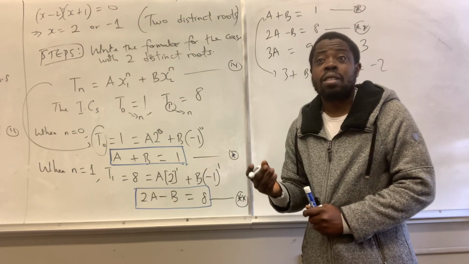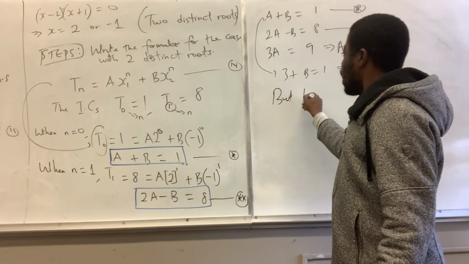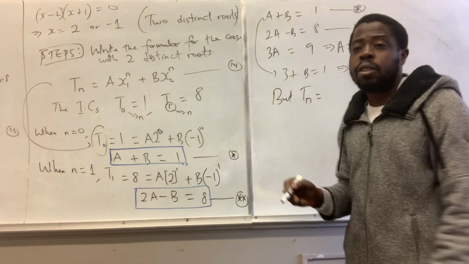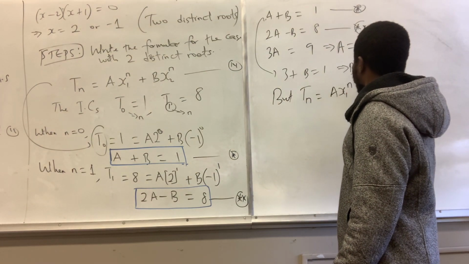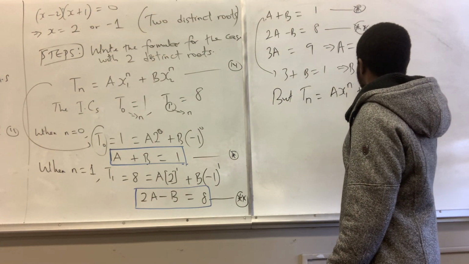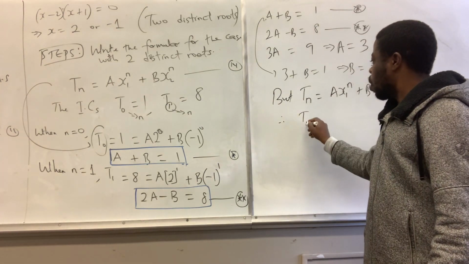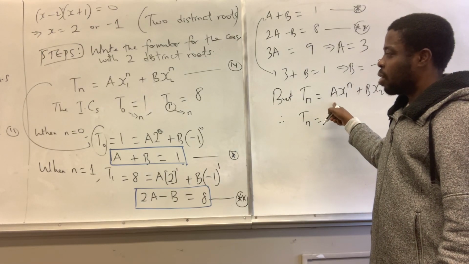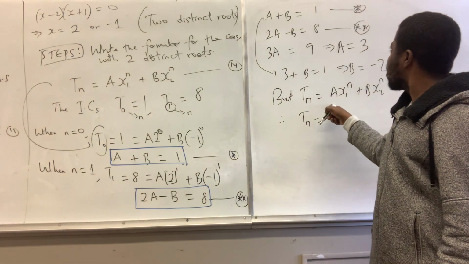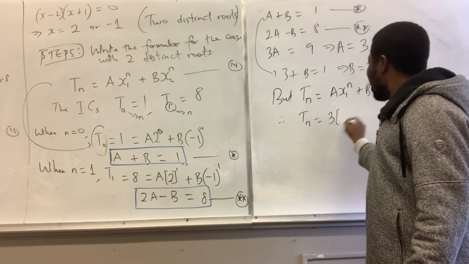And what next? Tn is A x1^n plus B x2^n. A is 3.